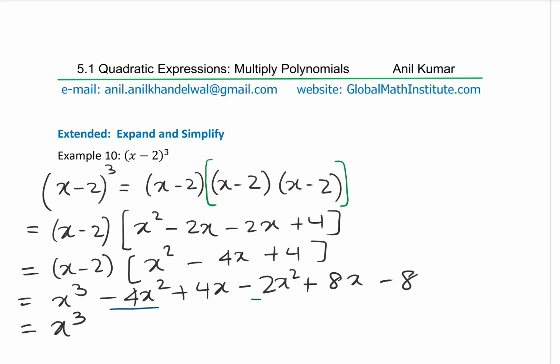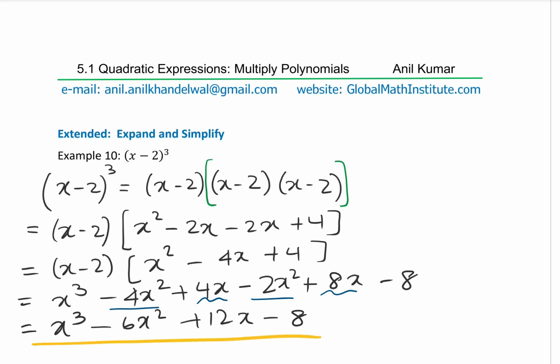So these are the x squared terms, and these are your x terms. Minus 4x squared and minus 2x squared is minus 6x squared, plus 4x and 8x is plus 12x, and we have the number 8. So this time we get a cubic polynomial, right?